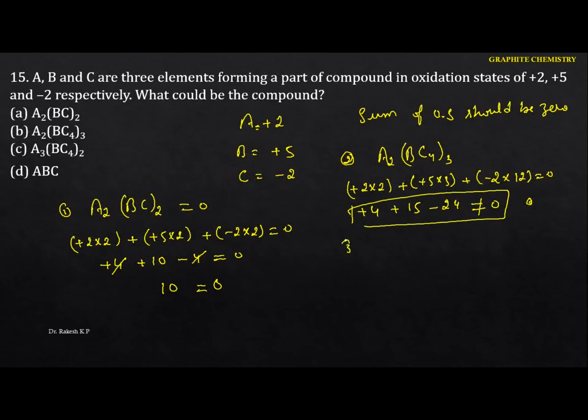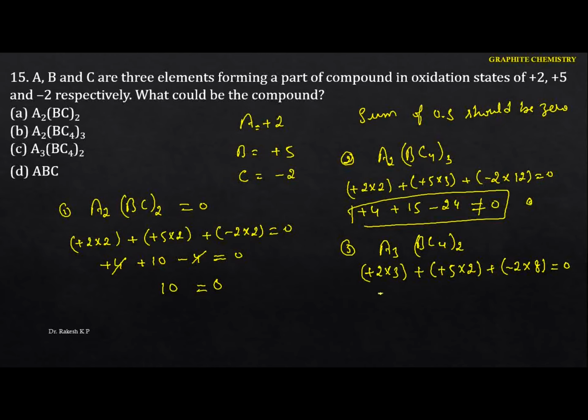Come to the third one, A3B2C4 with C taken four times. What is the oxidation state of A? That is +2 into 3, plus B, which is +5 into 2, plus C, which is -2 into 8, equal to 0.